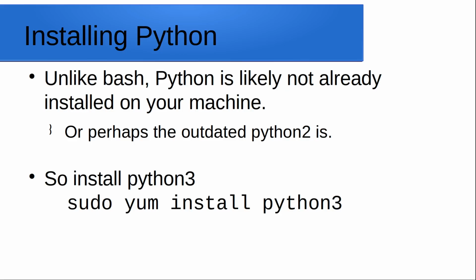I say obsolete, it's still around. Especially in CentOS, because, well, it's old. So you're going to need to install Python 3, and that's actually one of the first things we do, is sudo yum install python3. And if you want to be lazy, sudo yum -y install python3, and it's just straight up there.